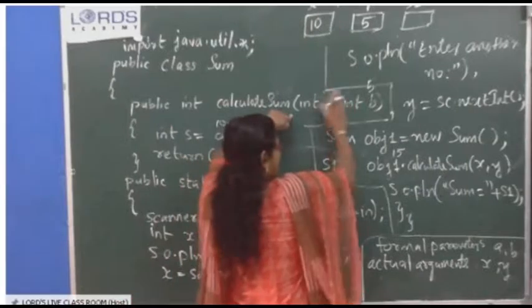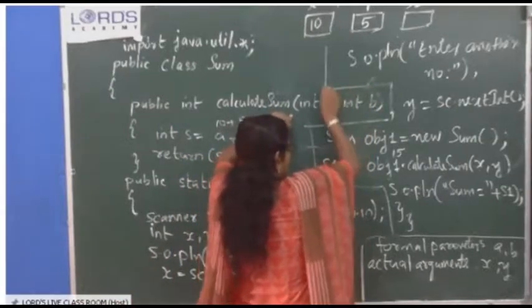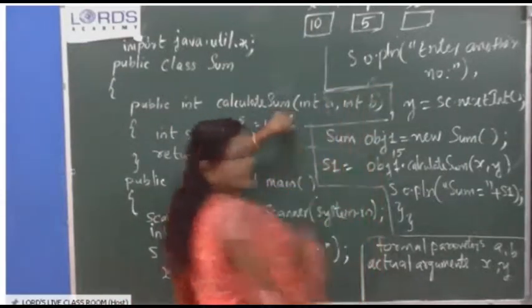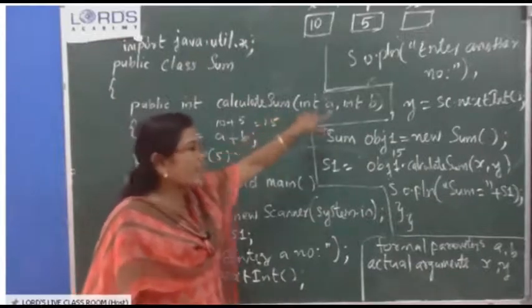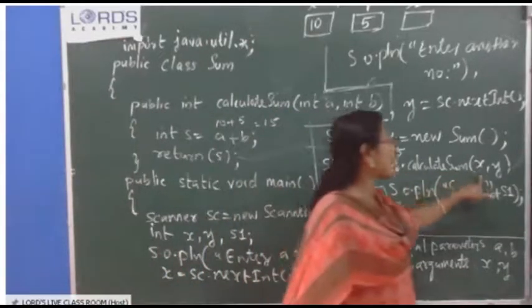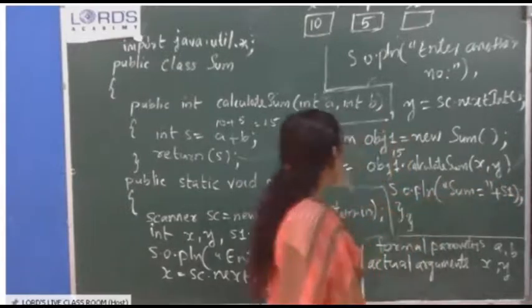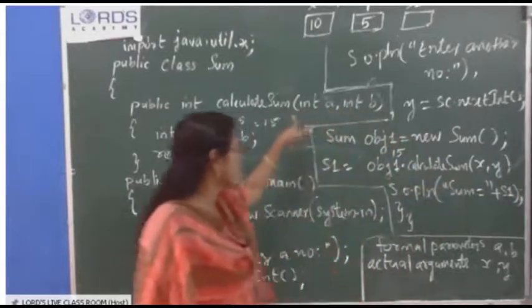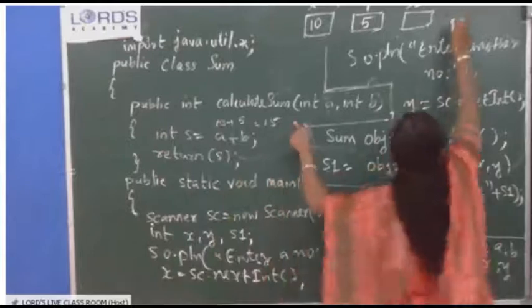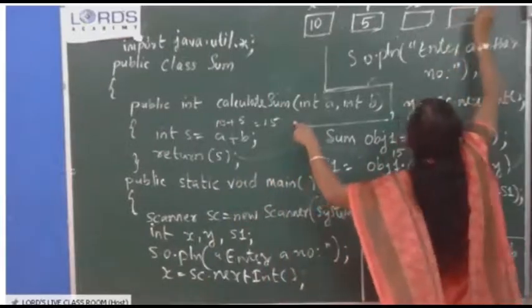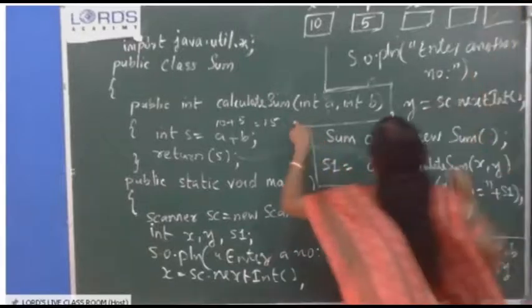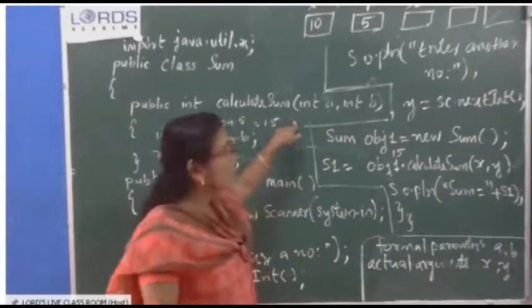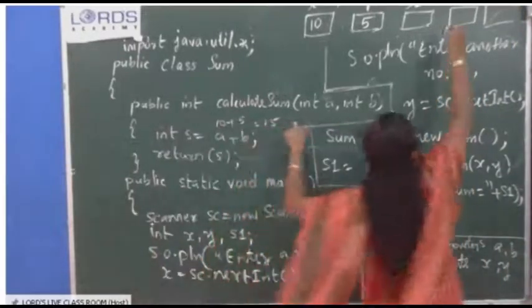The Java virtual machine sees that two variables are required in the memory, a and b, because two values are coming from x and y. So two more variables are created in the memory named a and b.